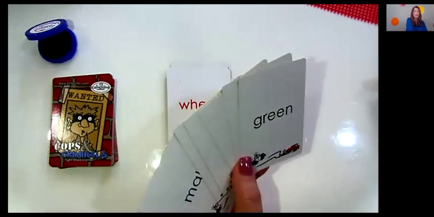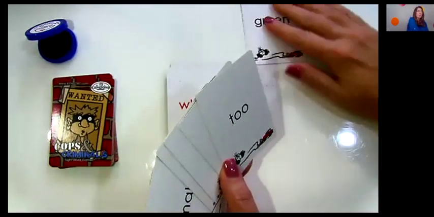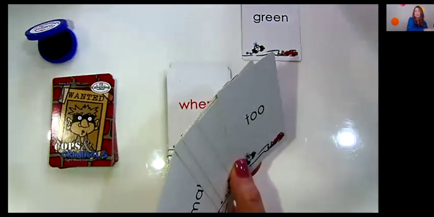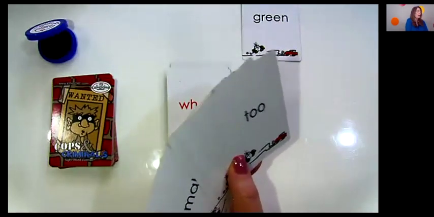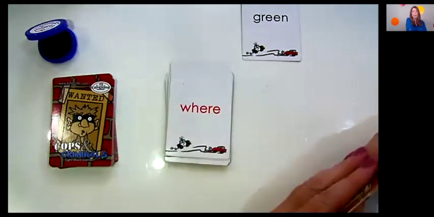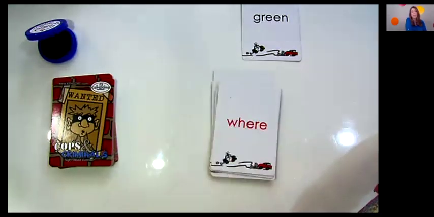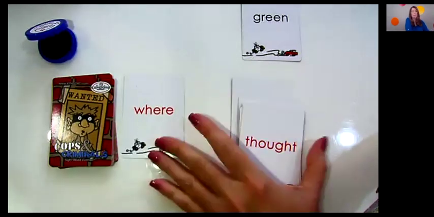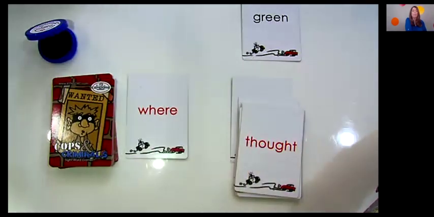If they spell it correctly, then it goes in their lineup in front of them for everyone to see. And those are the cards that they have kind of won. And then if it were my turn and they were asking me to spell where, let's say I spelled it W-E-A-R, then they would put it in the discard pile and it would be out for everyone to see, so that if other people needed to refresh their memory, it would be there the next time you went around.